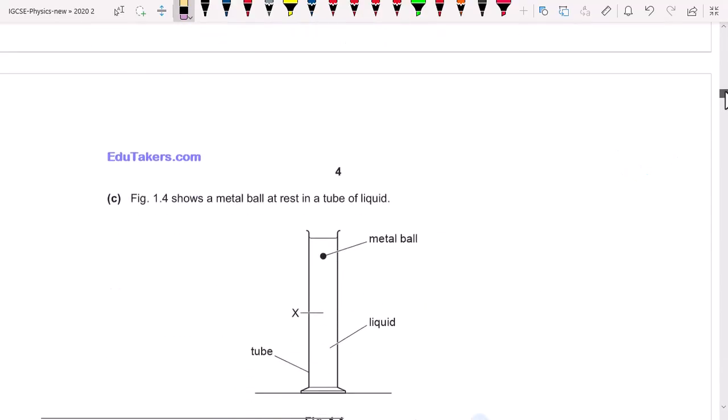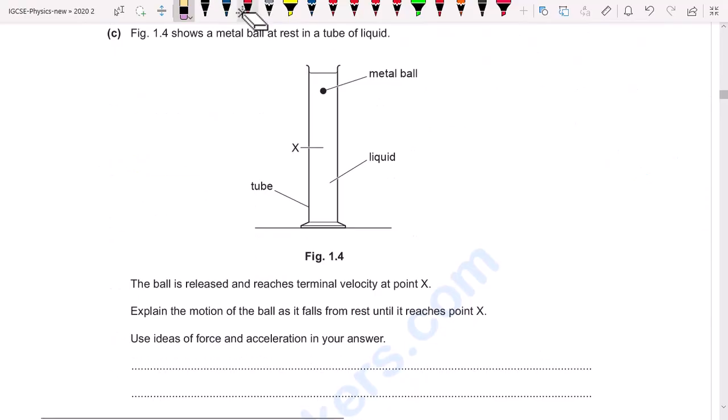Part C. Figure 1.4 shows a metal ball at rest in a tube of liquid. The metal ball is first at this position, and at this position it is at rest, which means that the velocity at that point is equal to 0.